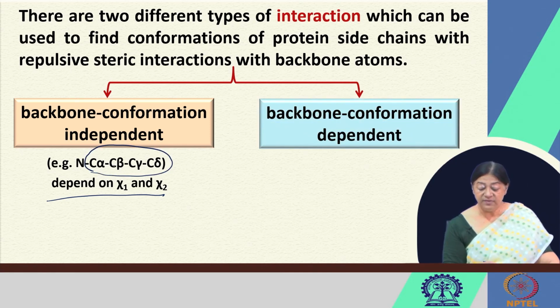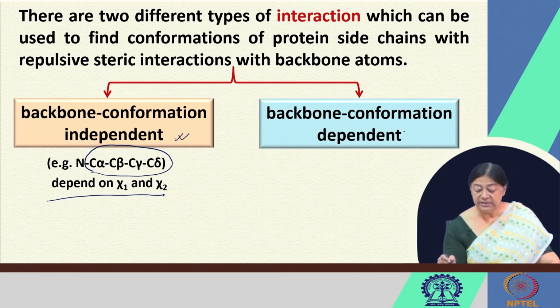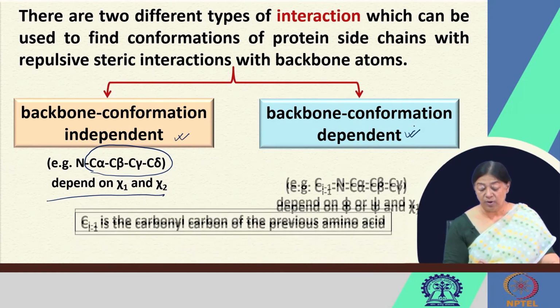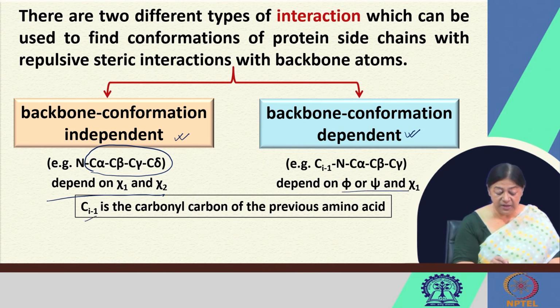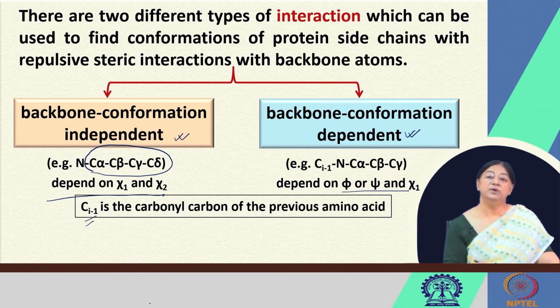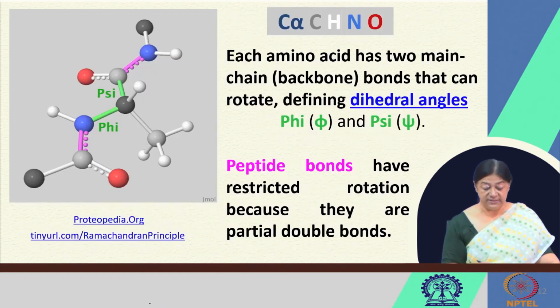Then we have the backbone, these are independent of the backbone conformation, and these are dependent on the backbone conformation, because this will comprise the phi, psi and the chi1, where C i minus 1 is the carbonyl carbon of the previous amino acid. We will go into the geometry a bit more because we are looking at protein architecture. So we have a specific model that defines this.